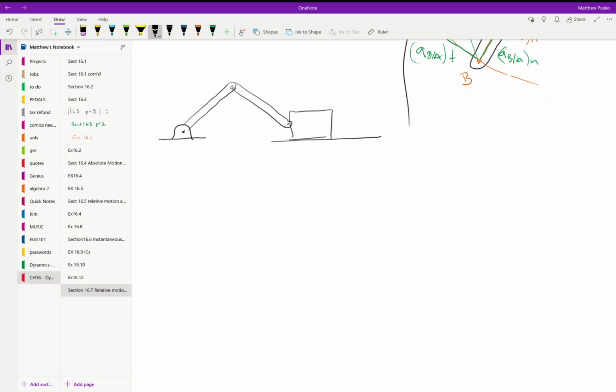Alright, so let's call this C, let's call this B, and let's call this A, and let's say we have angular velocity omega and some angular acceleration alpha. The path of B, since AB is a fixed distance, is going to be circular. And we can describe B by itself if we just look at AB.